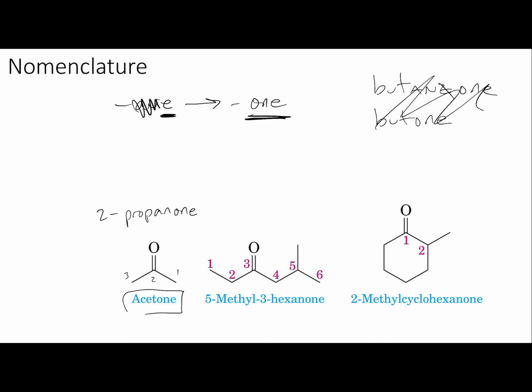In this example, we number to get to the carbonyl in the shortest number of spaces. So if we go this way as opposed to this way, we get there with it being the number 3. So 1, 2, 3, 4, 5, 6 carbons would be hexane or hexanone.